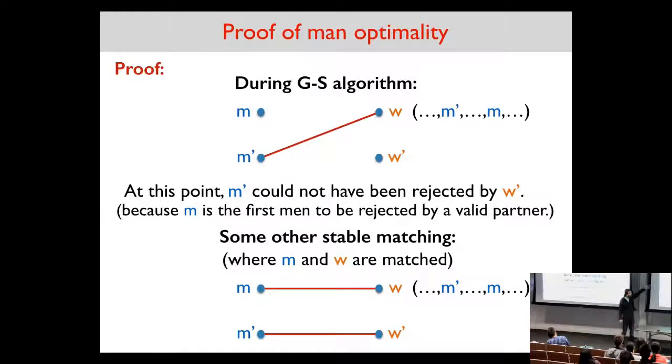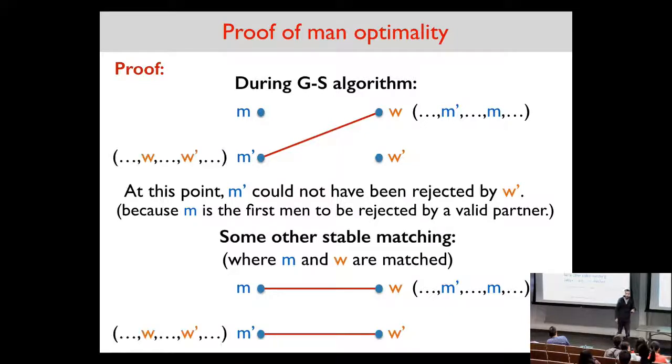Right? Because if M prime was rejected by W prime, then that would be the first time that a man got rejected by a woman. But we're saying M was the first time that got rejected. Okay? So M prime could not have been rejected by W prime.